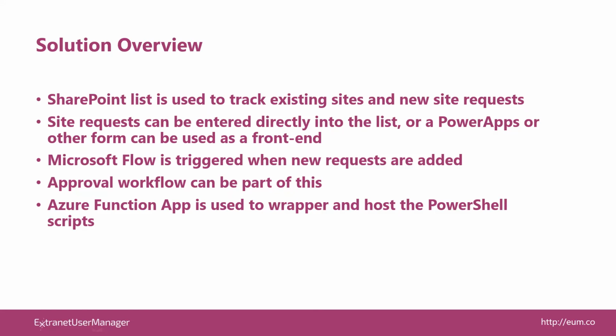As soon as that entry gets written to the list, Flow gets triggered to say, hey, I need to either go through an approval workflow or go ahead and build out this site. And Flow calls out to what's called an Azure Function App. It's the place that we host all the code for running the PowerShell scripts and such. And it's hosted up in Azure, provided by Microsoft, so they take care of all the plumbing and work around that.